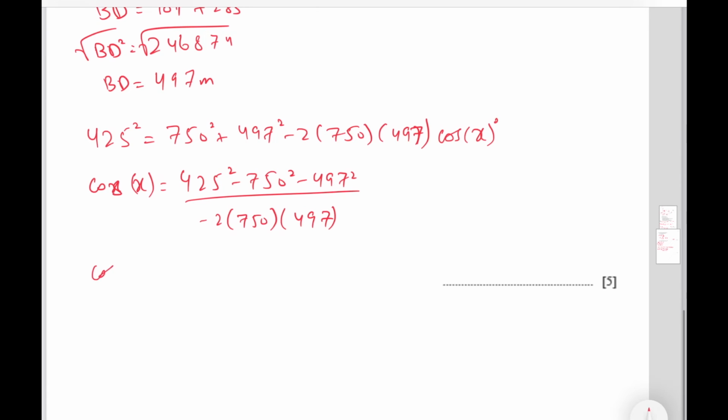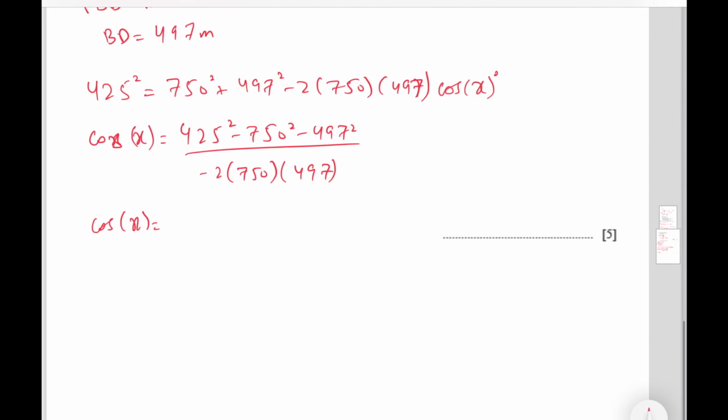The numerator gives us a negative number, negative 62,884, divided by negative 2 times 750 times 497.